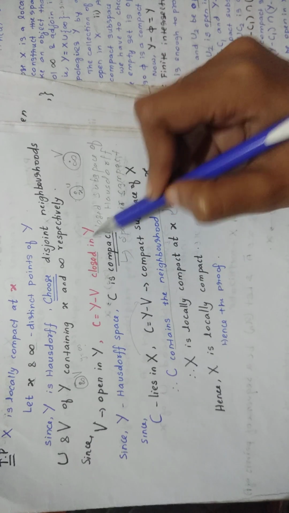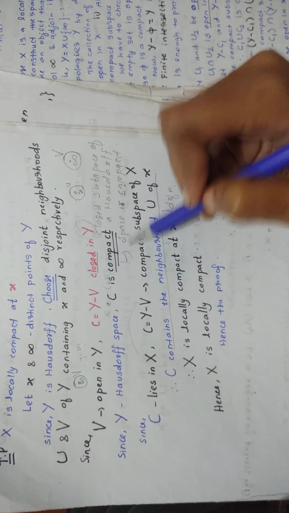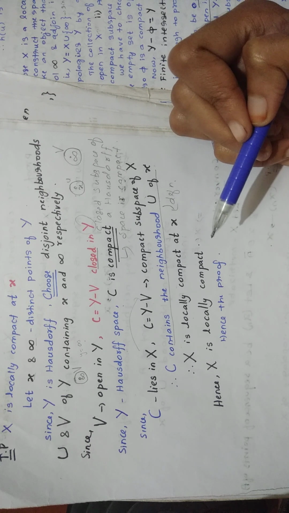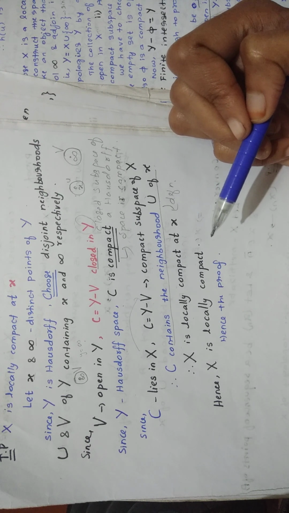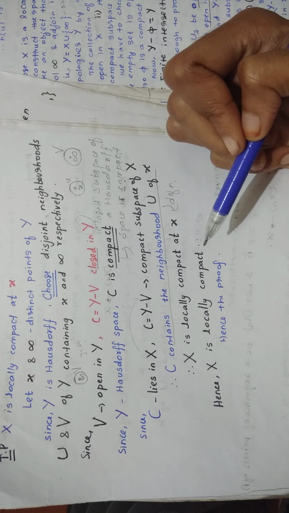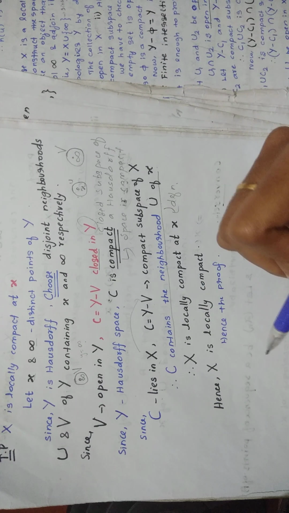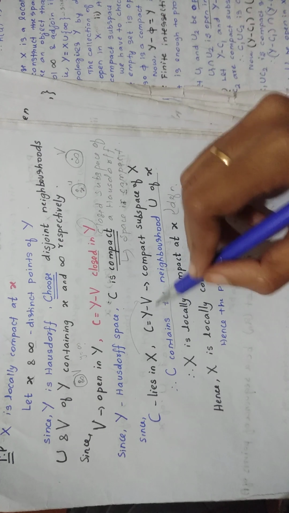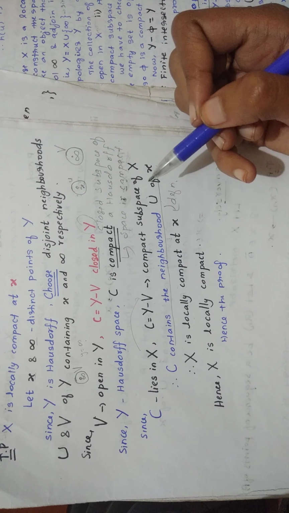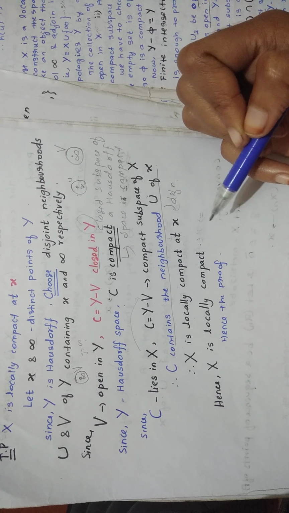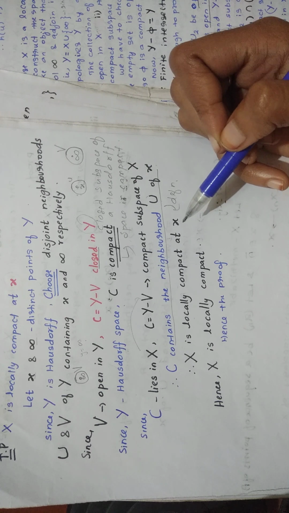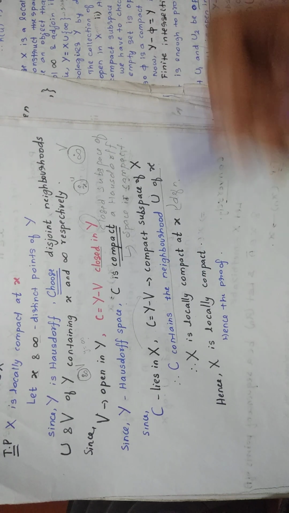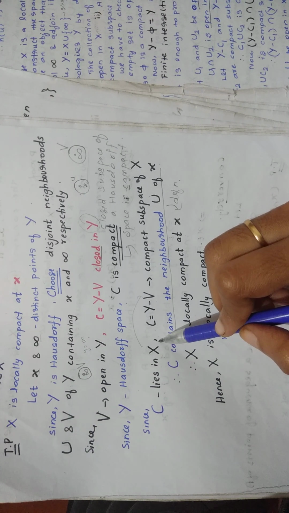Since Y is a compact Hausdorff space, C is compact. C lies in X. You are saying this compact set lies within X. So Y minus V is a compact subspace of X. C is a subspace because it lies in X, right?